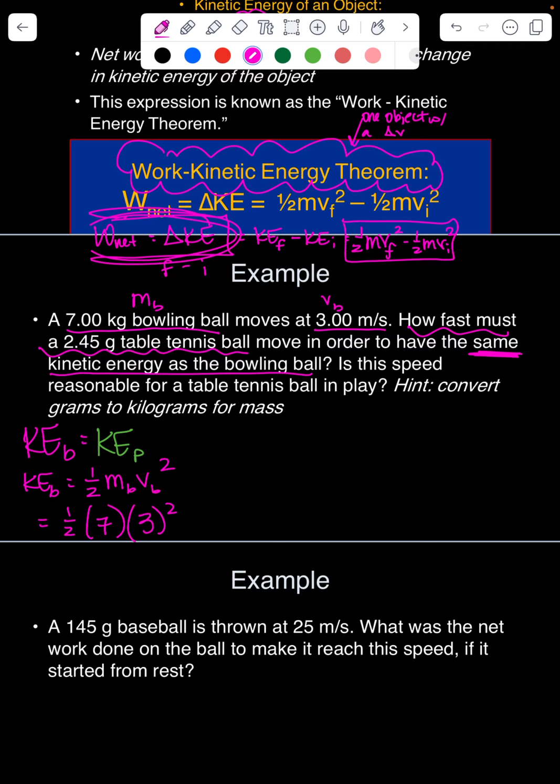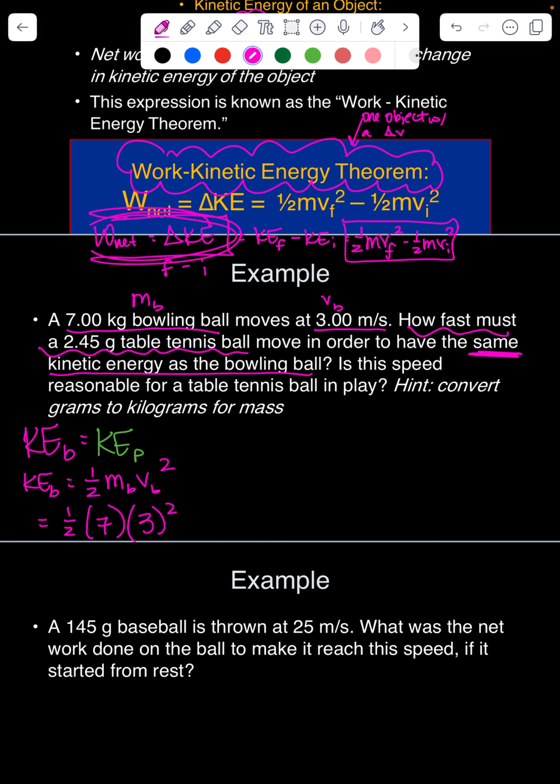Now remember, whenever we're doing these, we always have to remember the order of operations. The first thing that we're going to type in our calculator is we are going to square that velocity. For this one, it's super easy. 3 squared is going to be 9, but there are going to be some on quizzes, tests, homework, other problems that are not going to be quite as simple.